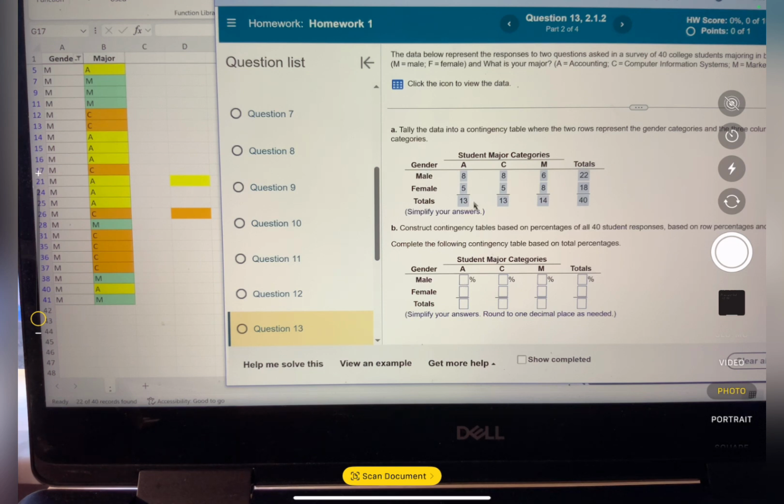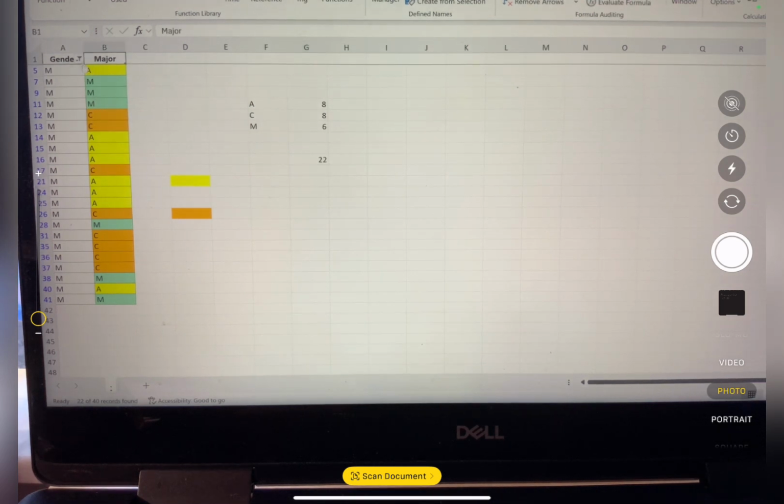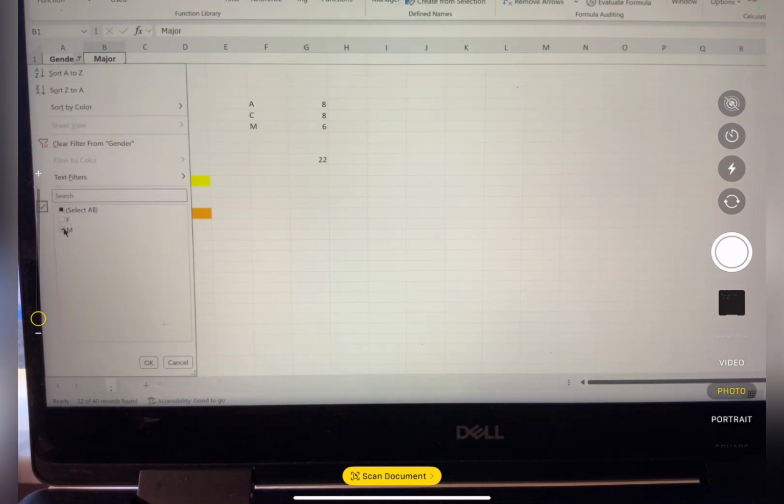To find percentage, how many male in accounting among males, I'm going to take 8 and divide by 22, and then computer divide, because I want to know among all males, which is 22, what percentage is doing accounting, which percentage computer science, which percentage marketing. So I have to do 8 divided by 22, 8 by 22, and 6 by 22. So let's do it. Let's go here, I have male.